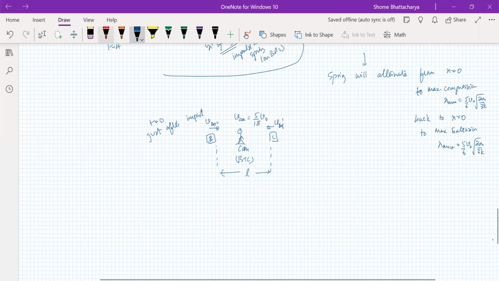We'll see what that relative velocity is. Remember, in ground frame, what was VB? VB was 5 by 6 V naught. What was the velocity of the center of mass of B plus C as a system? 5 by 18 V naught. And what was the velocity of C? It's 0. So the velocity of B with respect to center of mass becomes this minus this.